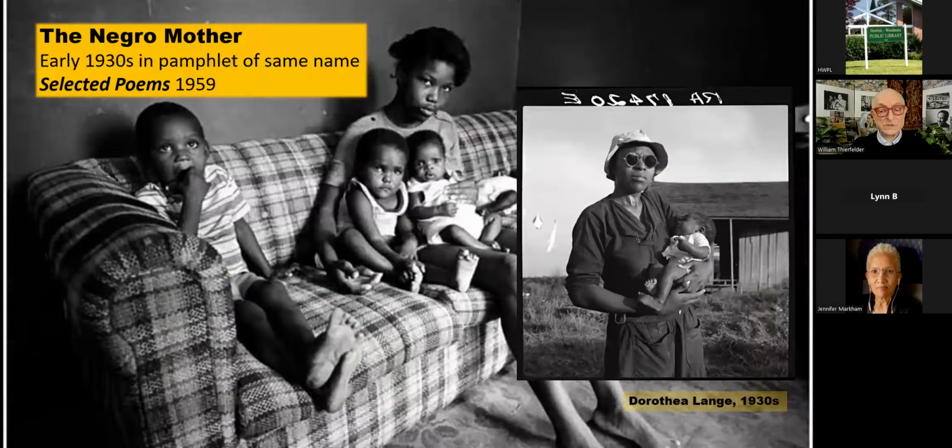So why don't we listen to a couple of poems from the 1930s? The first is an extraordinarily powerful anthem for Black women, many of whom had to endure a very rough and tough road. It's called The Negro Mother. I'm going to be reading it to you.